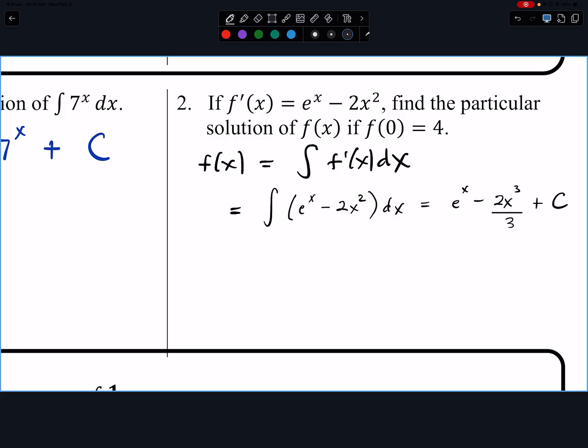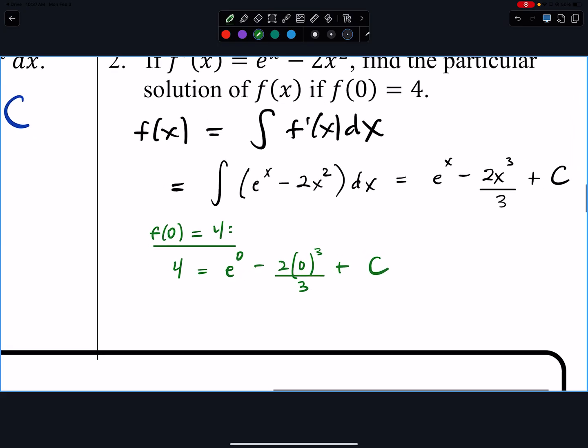So using f of 0 equals 4, that means that 4 is equal to e to the 0 minus 2 times 0 cubed over 3 plus c. Is everybody cool with where that came from?